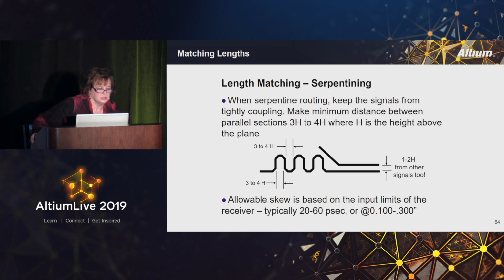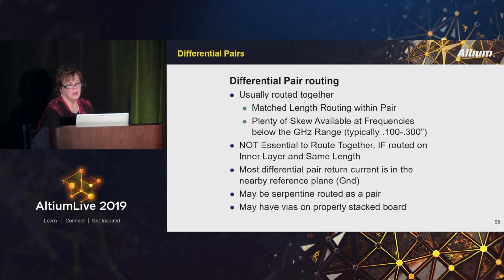So just be aware that we're not talking about closely matching signals. We're talking about the skew rate and how fast they can be received and be received equally by the receiving device.